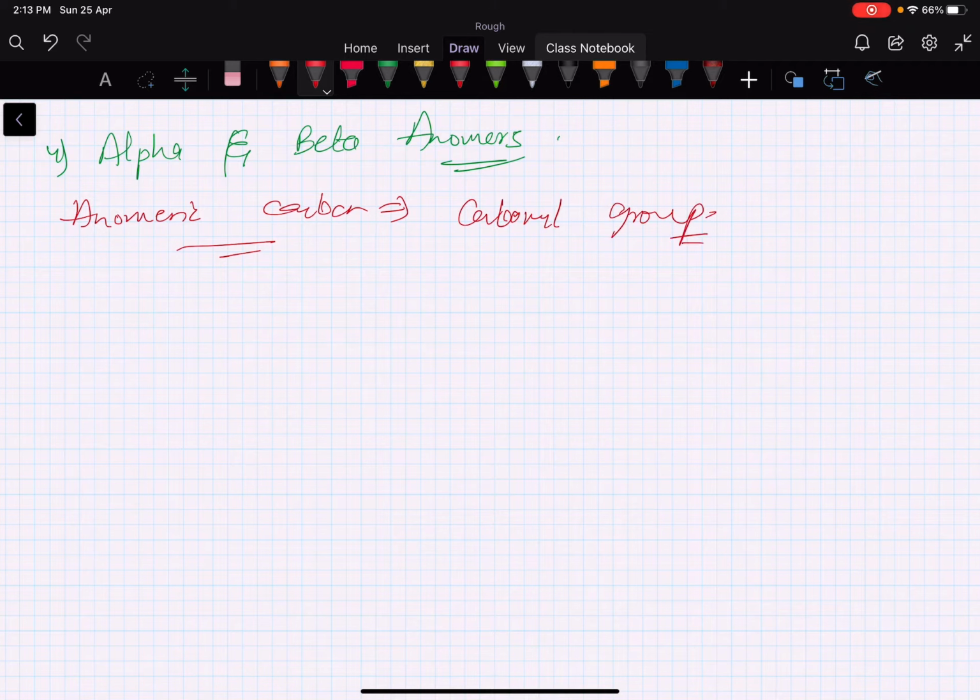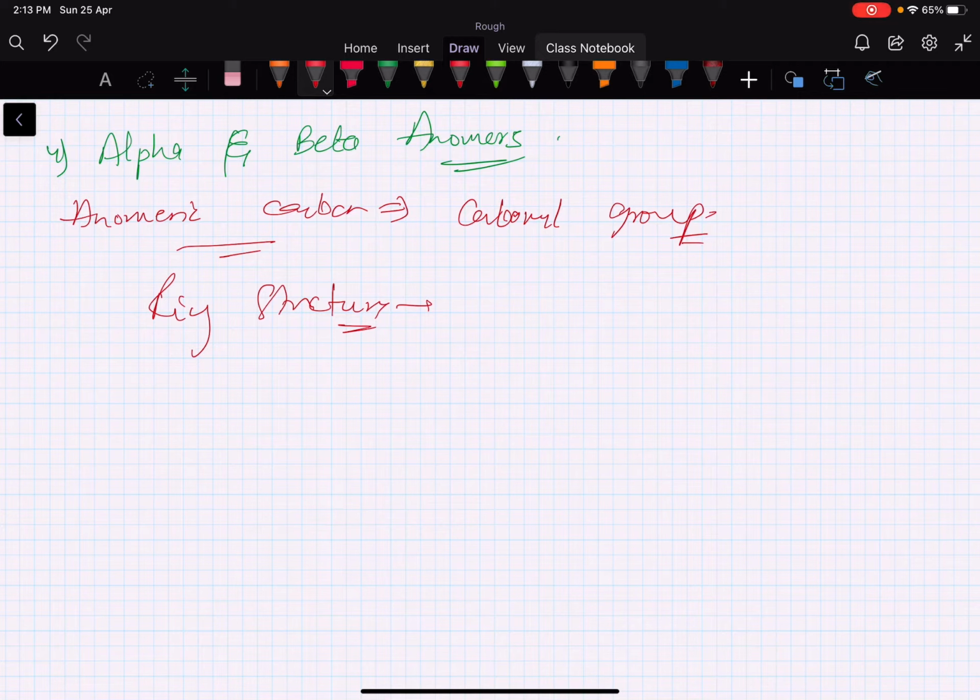In glucose it will be carbon number 1. In fructose it will be carbon number 2. In ring structure, aldose is present as hemiacetal, whereas ketose is present as hemiketal.